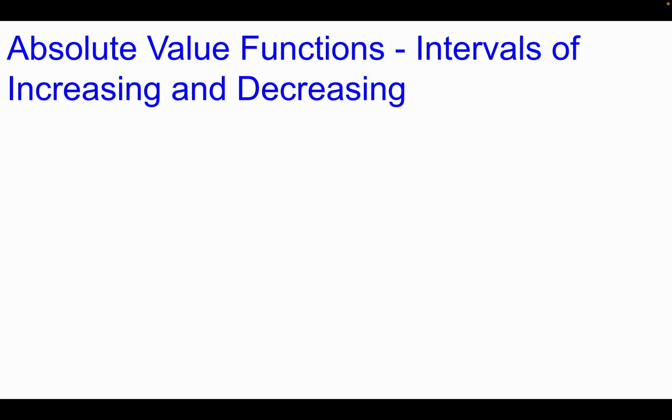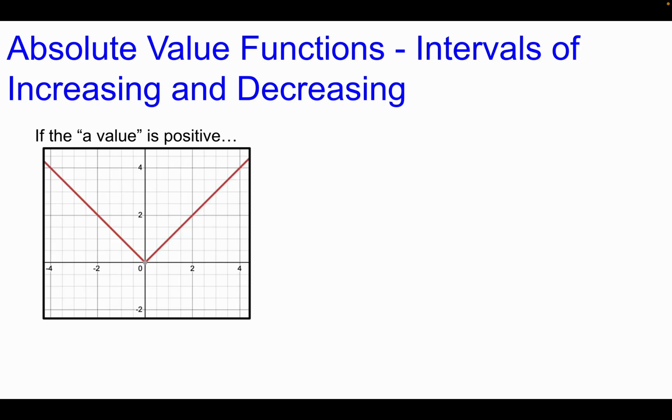Absolute value functions, intervals of increasing and decreasing. So this should look a lot like the intervals of increasing and decreasing for quadratic functions. If the a value is positive, your V is going to be right side up.